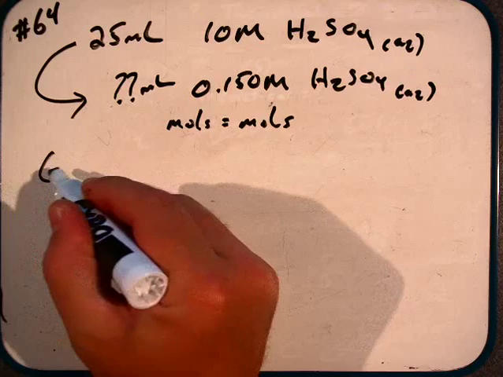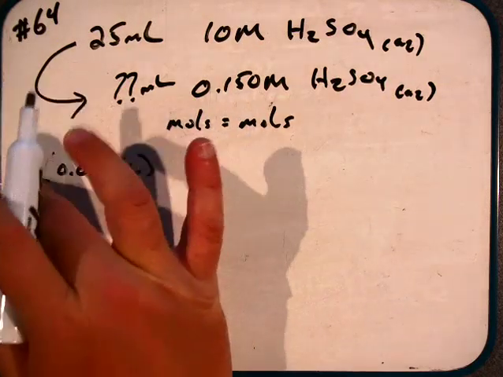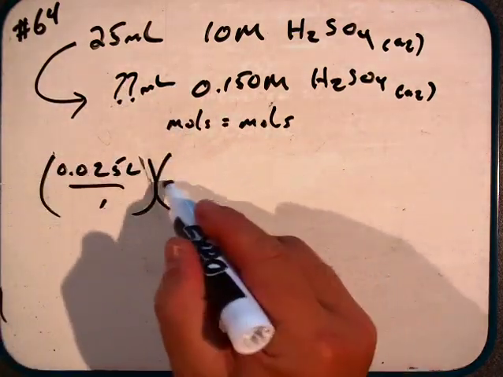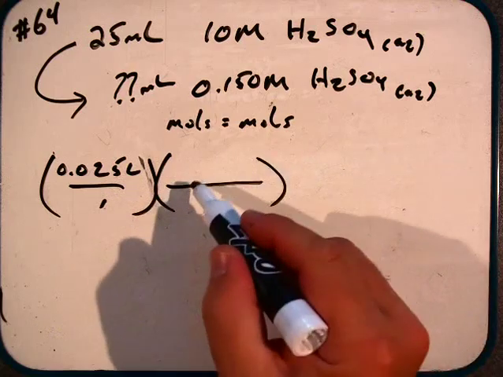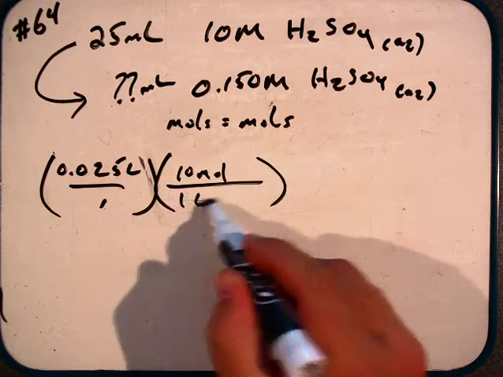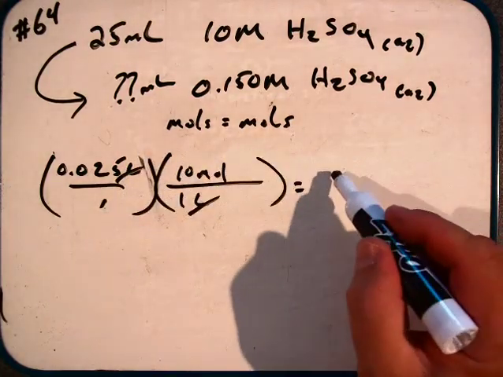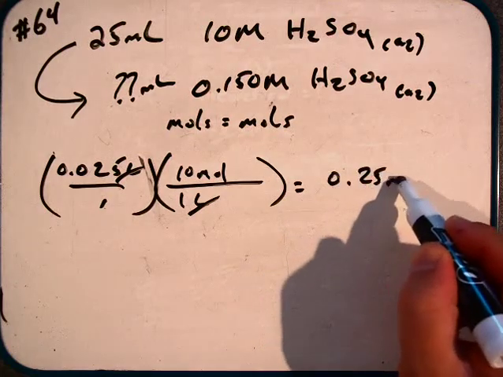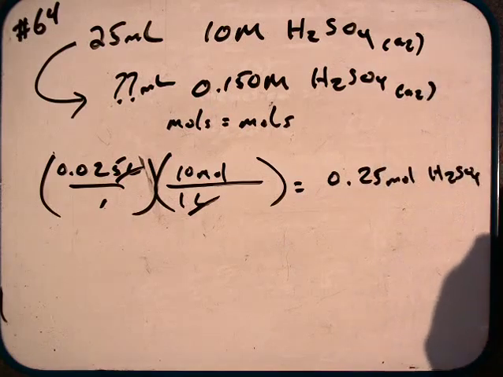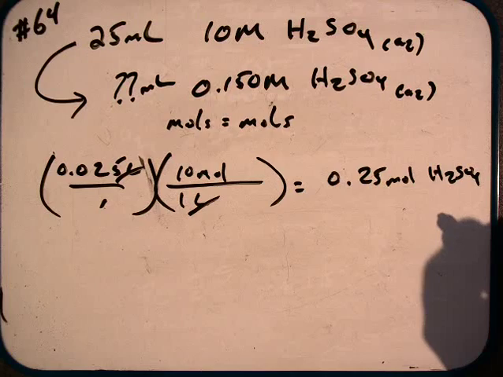And so we can begin with that measurement of 25 milliliters, convert it to liters, and then use our 10 molar solution of our sulfuric acid to realize that we have 0.25 moles of sulfuric acid in that original solution. And that mole value is constant.